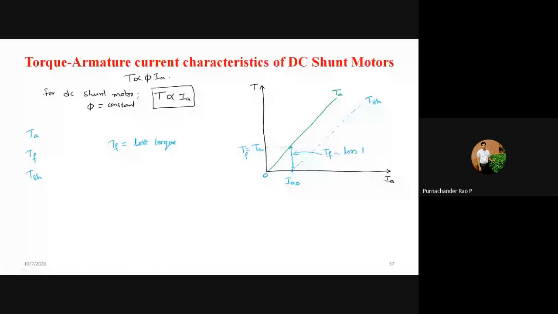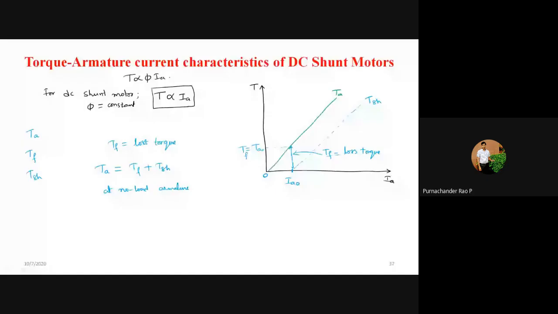As we know, TA is equal to TF plus TSH. So at no load condition, the armature draws a small current, which is Ia naught. Because of this Ia naught, a power P naught is developed, which is equal to Eb naught into Ia naught.